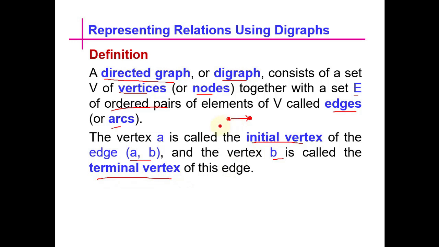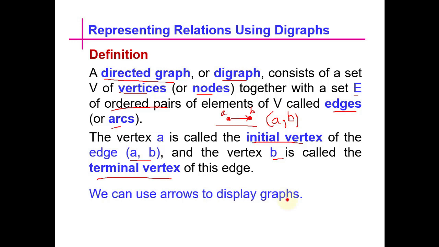So in the above figure here, A is that vertex from where the edge has started, and where it ends it is B, and that is the terminal vertex, and these edges are denoted by (A, B) as in the ordered pairs.